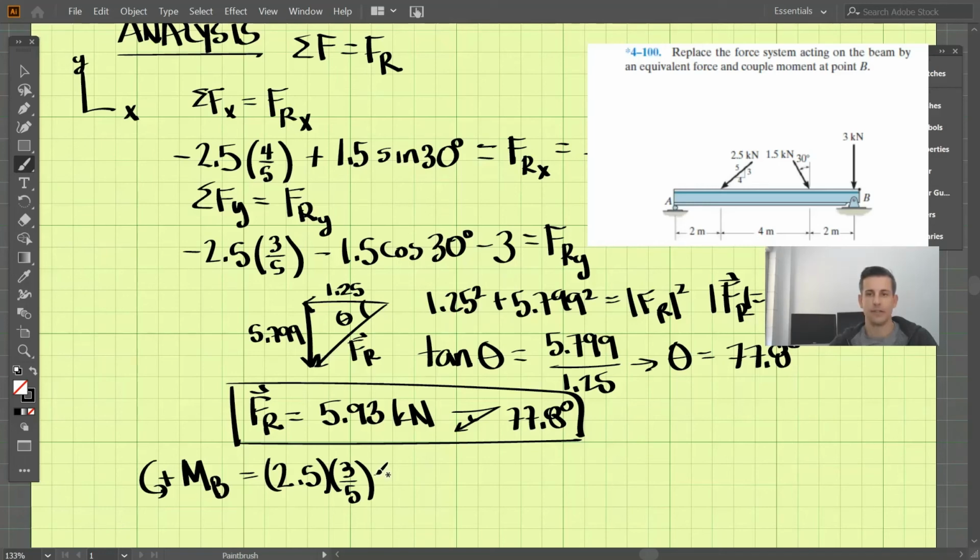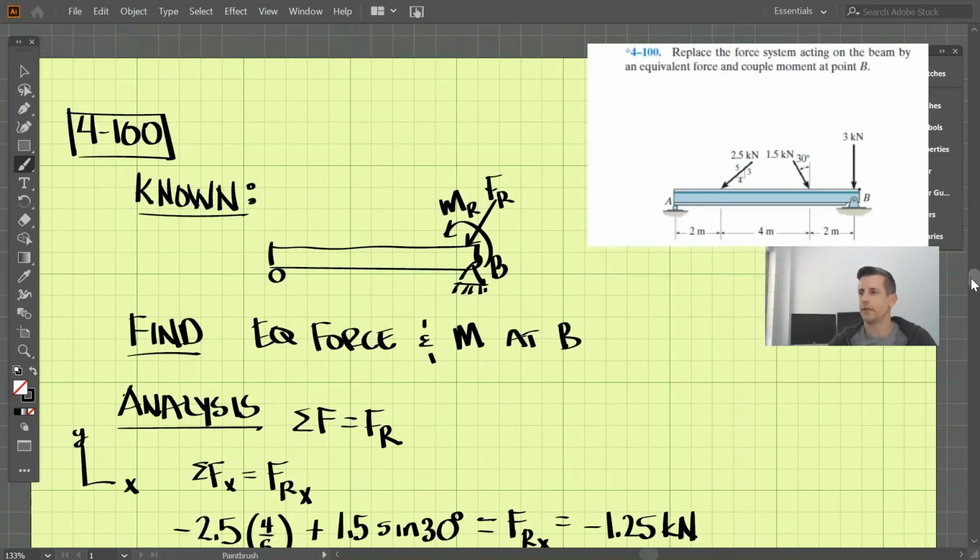The distance from B to where that force is applied is 2 plus 4, so that becomes 6. We need to make sure that it's in the right direction. Let's go back up and take a look.